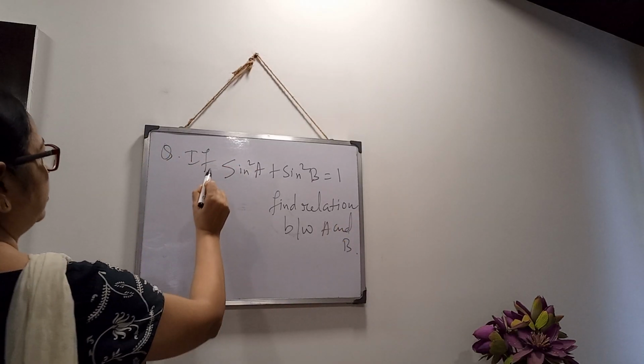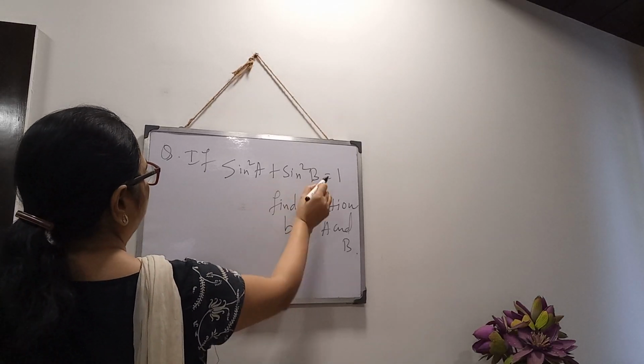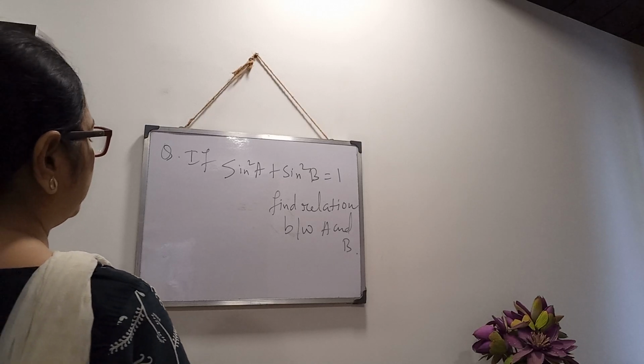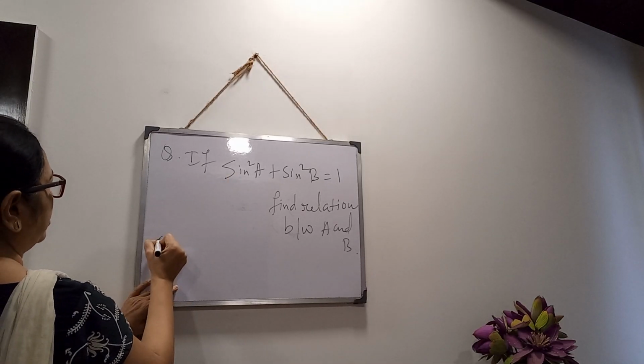Here it is given this plus this equals 1, but this is not any formula. Sin square A plus sin square B equals 1 is given. So from here I am starting.